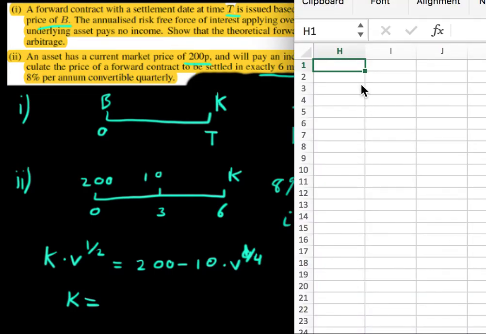Okay. So let's just first find out what i was equal to, and that was 1.02 to the power of 4 minus 1, which is our i. Let's find out what v is equal to, which is 1 divided by 1 plus i over there. And now let's just solve this bit and find out what K is.